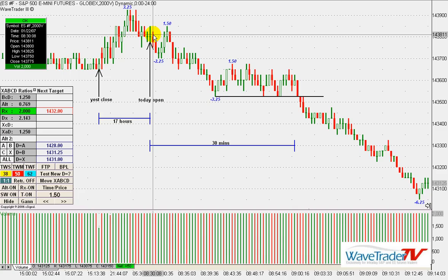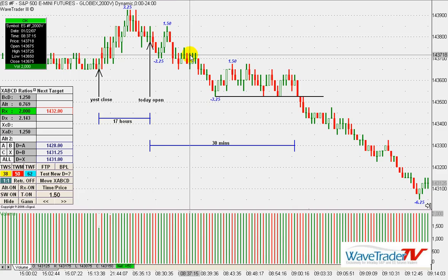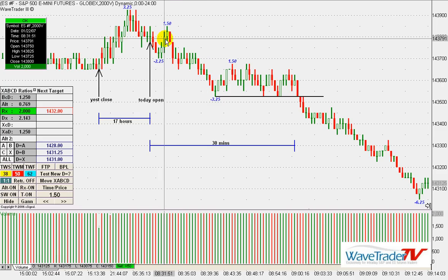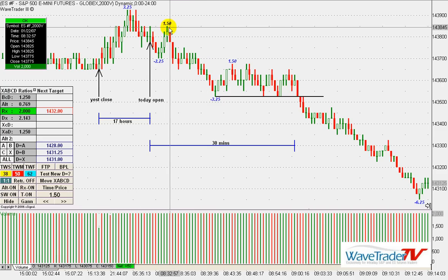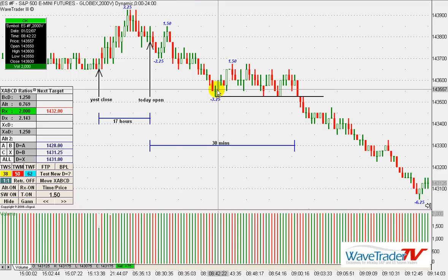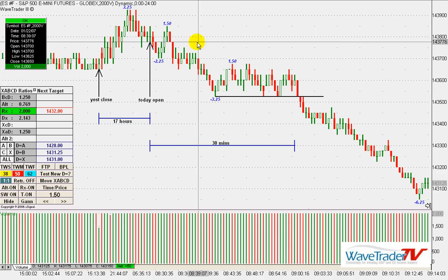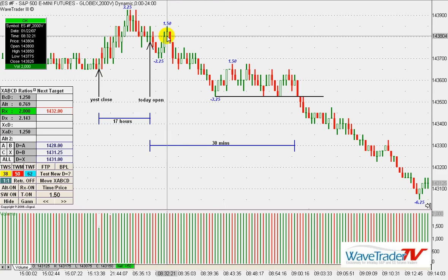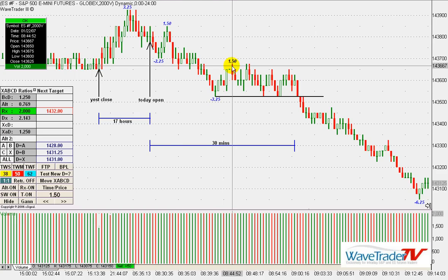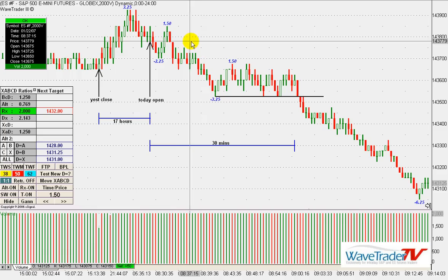However, if you weren't comfortable or able to put a short on at that point, you can also see by watching it on such a close or minute level that there was, from this high, a 1.5 point correction move down. This is about 15 minutes into the day. It made another 1.5 point correction. This is an alternate 1-to-1 correction and a potential sell right here.